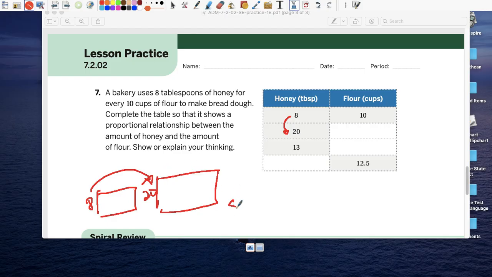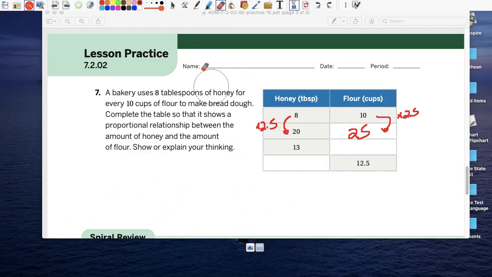So we're going to go scale factor 20 over 8, which is 2.5. So on this side it's going to be times 2.5. And 10 times 2.5 is 25.